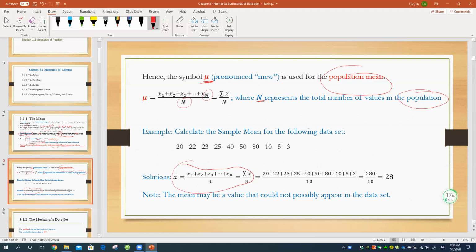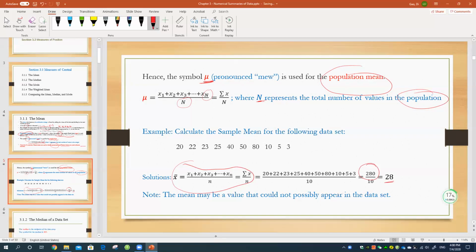So x1 plus x2 up to xn, and then divided by n. So that is sum of x divided by n. And then 20 plus 22 up to 3 and divided by 10. So the sum of all the values in the data set equals 280 divided by how many numbers? We have 10 numbers. So 280 divided by 10, which is 28. So this is the sample mean.